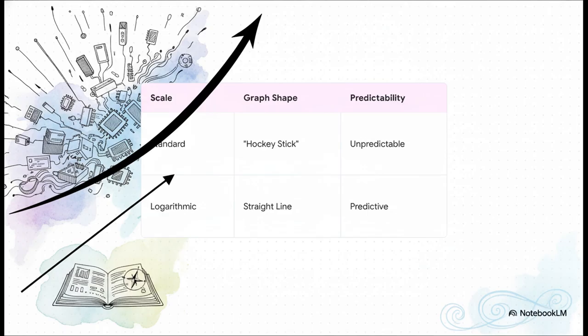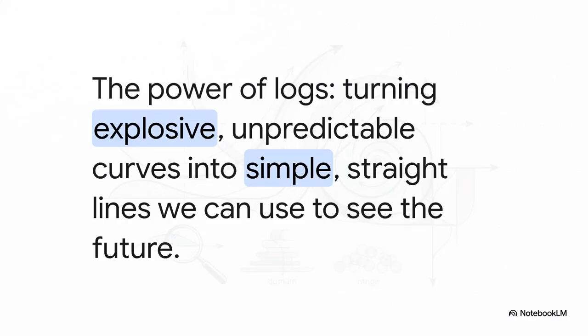It's just explosive and confusing. But watch what happens when you plot that same exact data on a logarithmic scale. That chaotic, unpredictable hockey stick curve transforms into a perfectly straight, predictable line. This is the magic power of logs. They tame explosive growth, they reveal the hidden patterns, and they let us see into the future.